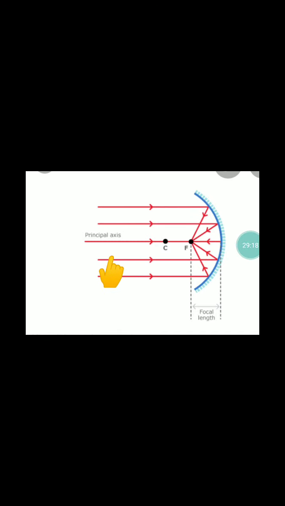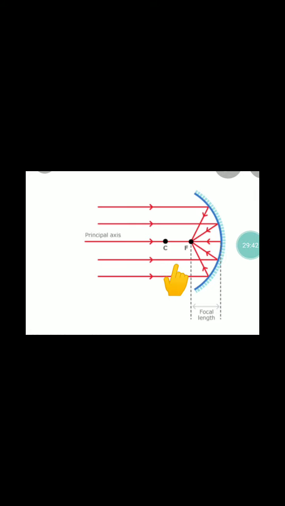Once again, what is the principal focus of a concave mirror? Principal focus of a concave mirror is the point on the principal axis. What is the property of this point? The parallel incident ray after reflection meets at a point on the principal axis.